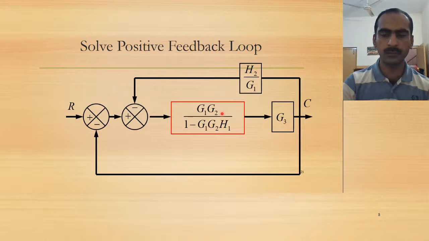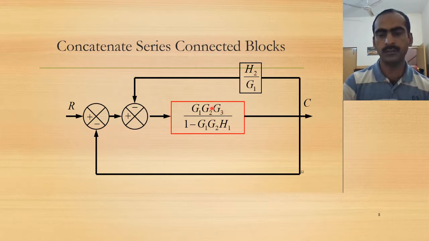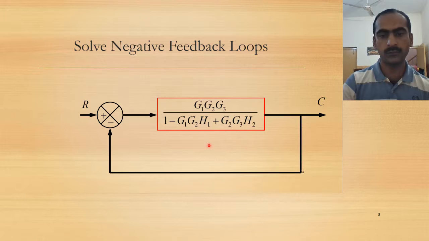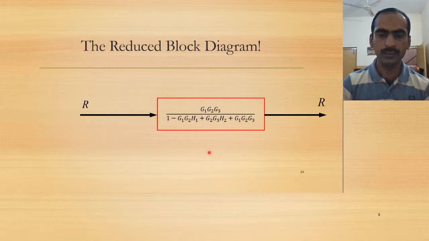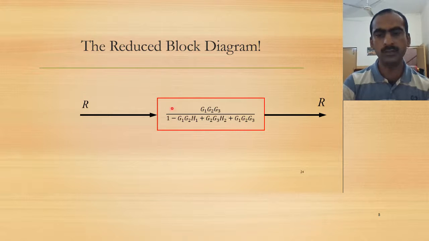So G3 can be multiplied here. See here, G3 is. And now we have a simple feedback. Apply rule 3 here. Again, we have a feedback loop. So it can again be simplified using rule 3, and hence it is the reduced block diagram.